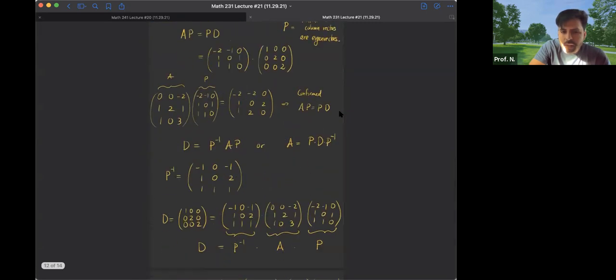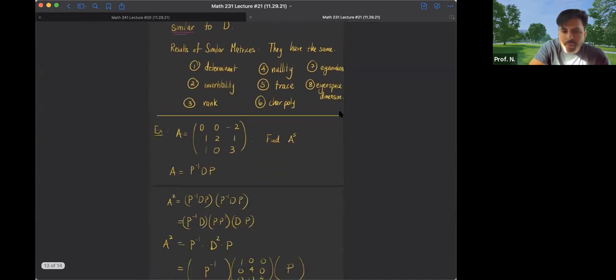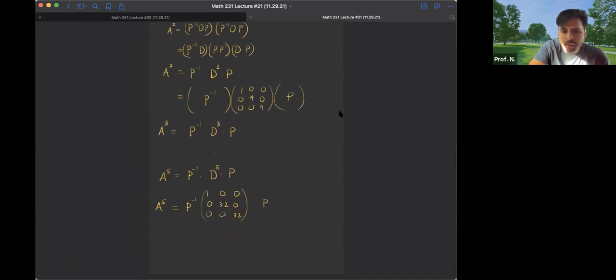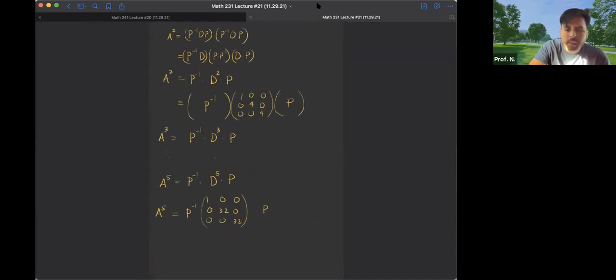So there are a few things I want to clarify about diagonalizability that I think I mentioned. So let me start sharing my new screen here.